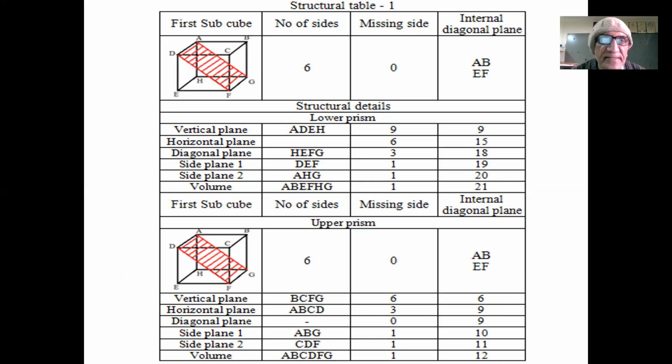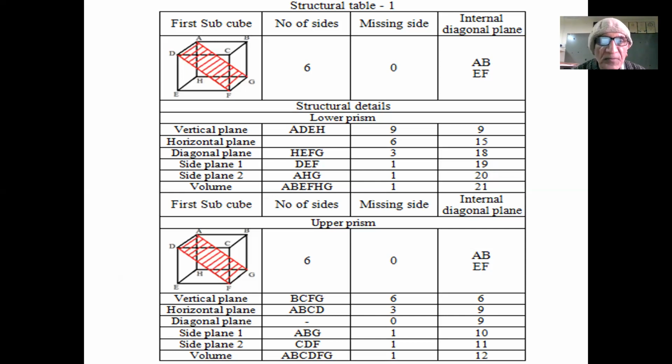Now let us concentrate upon the upper prism of this subcube. The upper prism as such is having only 5 components as the separating internal diagonal plane has been accounted for as a component of the first prism.